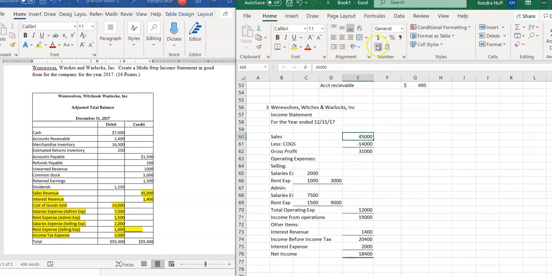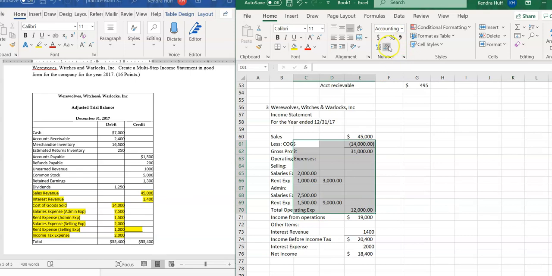Add a couple of dollar signs. And then the rest of these guys, I want to put a comma in.